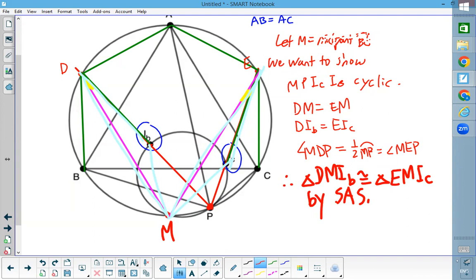When we have two triangles that are congruent, then the corresponding parts of congruent triangles must be congruent.